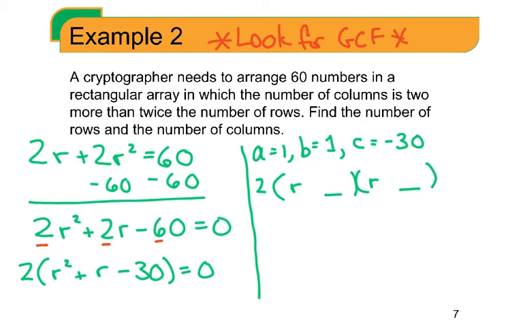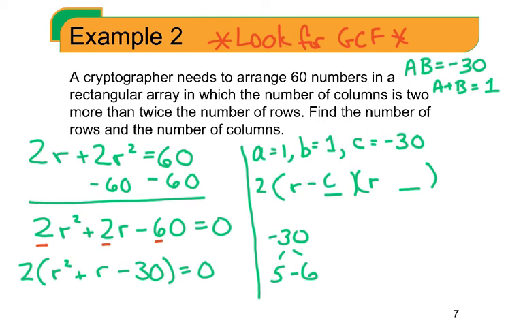So we need A times B to equal negative 30 and A plus B equals 1. So I already know what we're going to do. Negative 30 can be written as 5 times 6. So let the 6 be negative. So we have R minus 6, R plus 5, right?